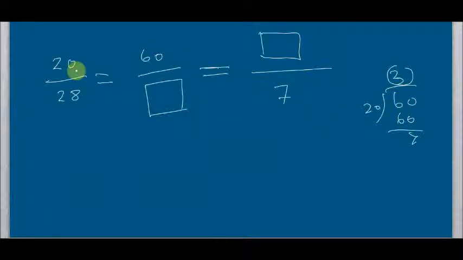Or in another way, we multiply 20 by 3 to get 60, so we will also multiply 28 by 3. By multiplying by 3 we get 60, so we multiply 28 by 3 as well.